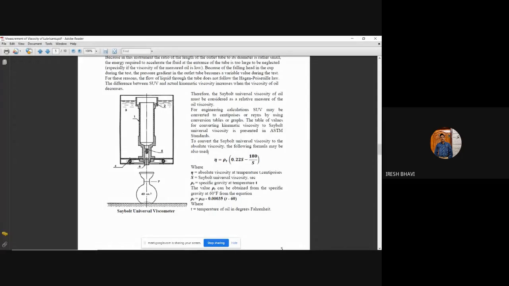Whatever time you measure in seconds to fill the measuring flask up to 60 cc is called the Saybolt universal viscosity. Suppose it takes about 120 seconds to fill this measuring flask from here to here, that 120 itself is the Saybolt universal viscosity.